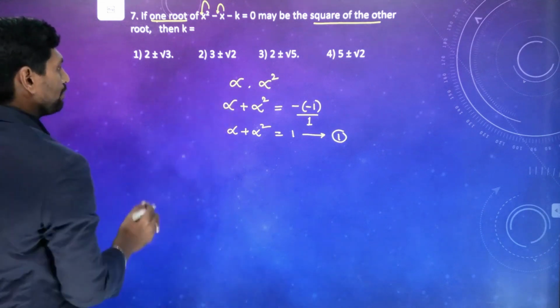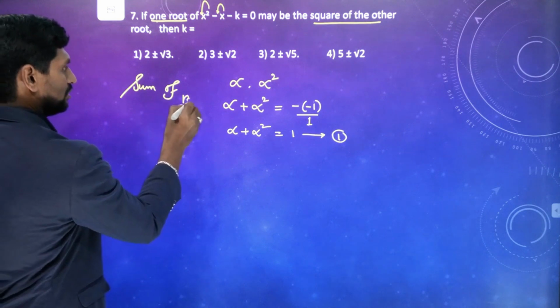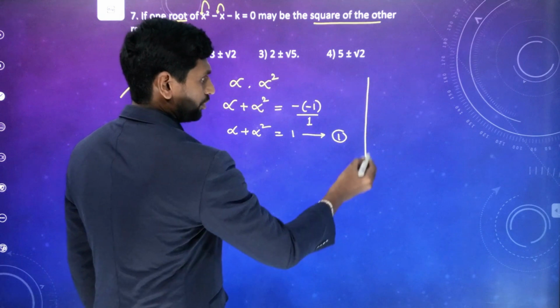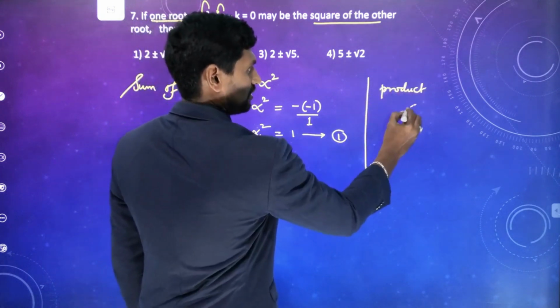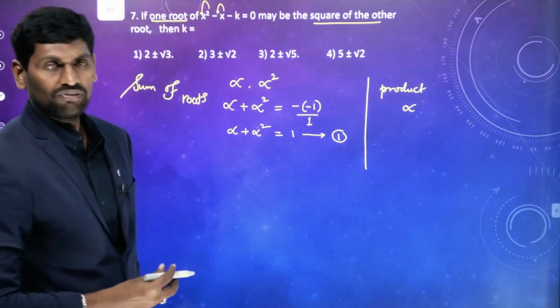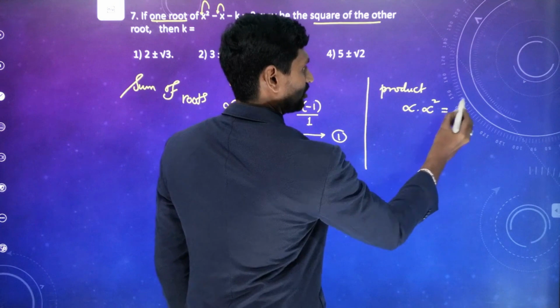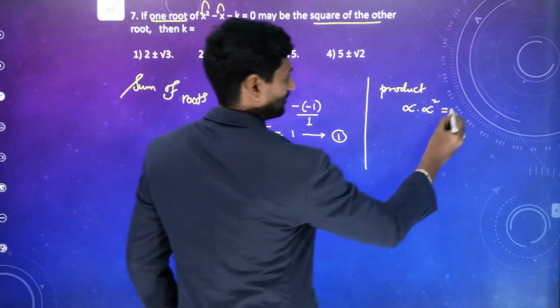So sum of roots I applied. What is this? Sum of roots. Now here, product of roots. Multiplication of two roots, alpha into alpha square equal to c by a. C is nothing but minus k.